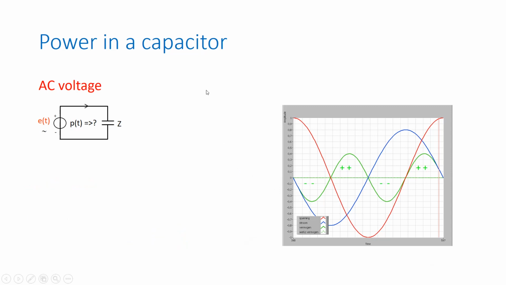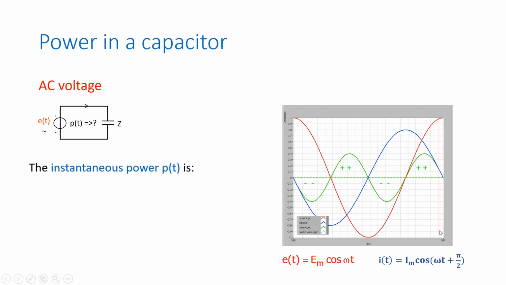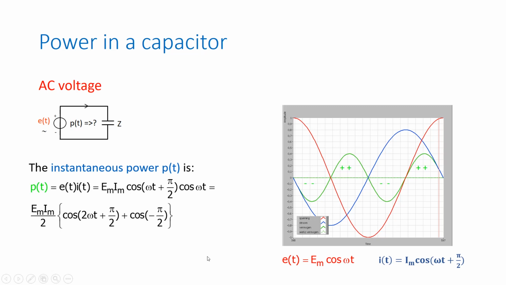And then we are multiplying the current and voltage. So my voltage was this cosine expression and my current was this cosine expression. Remember, the current was shifted by 90 degrees, and then we multiply voltage and current, and then we get instantaneous power. And that instantaneous power, p, equals the voltage times the current.